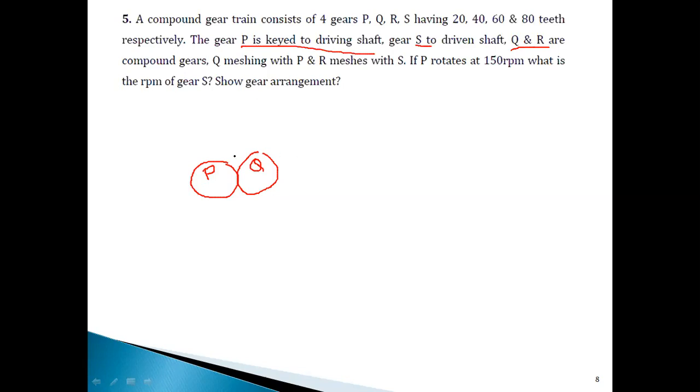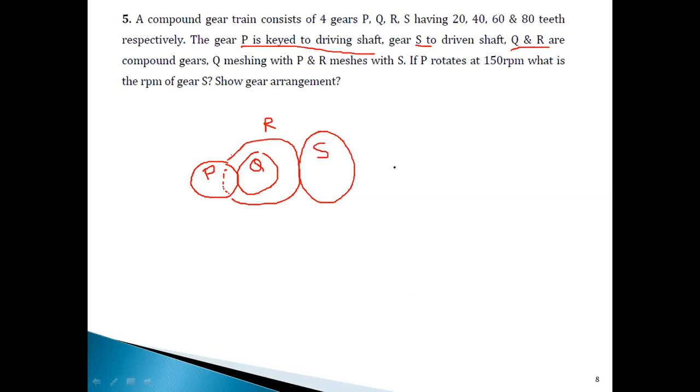So if you observe here, I'm showing these dotted lines because gear R is behind gear Q. It is giving its power to which one? Gear S, R meshes with S. So this is this one.